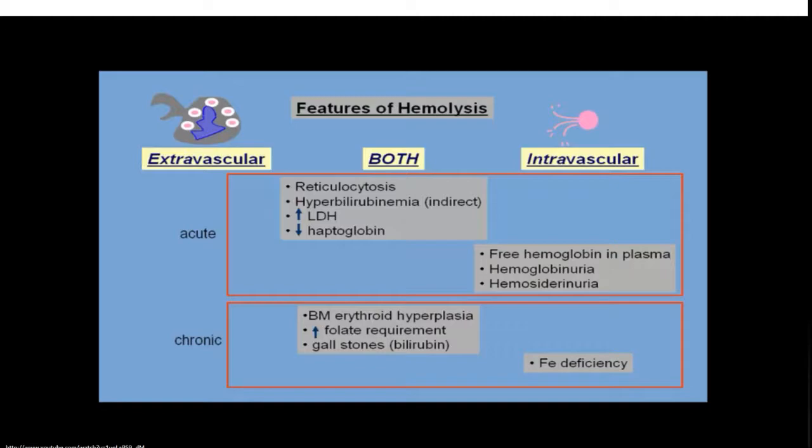Whenever you have chronic hemolysis, your bone marrow is hyperactive and you're going to develop folate deficiency, and this overproduction of bilirubin can result in gallbladder stones. Whenever you see a gallbladder stone in a young patient, 10-year-old, 12-year-old, think of hemolysis. And with intravascular hemolysis, in the long run, you can get iron deficiency as well.